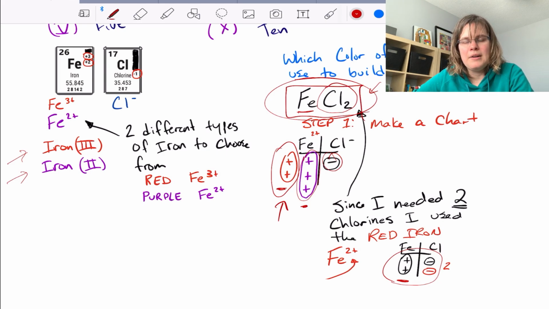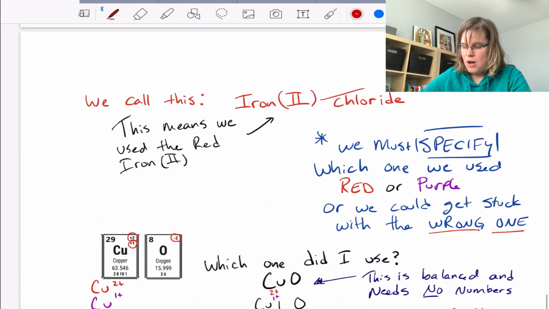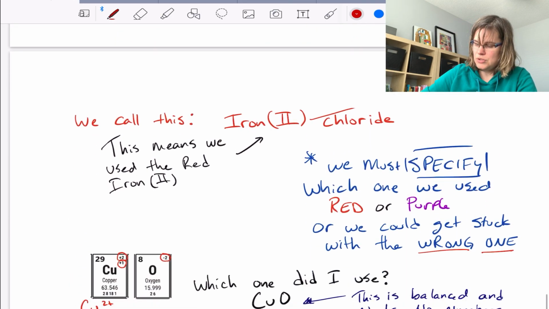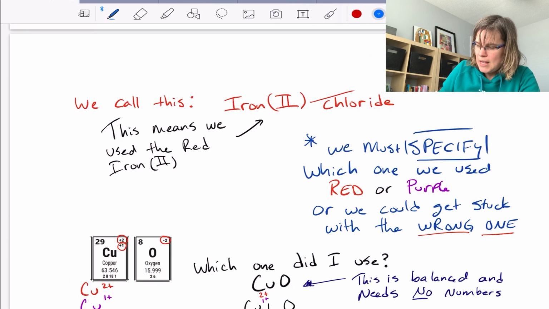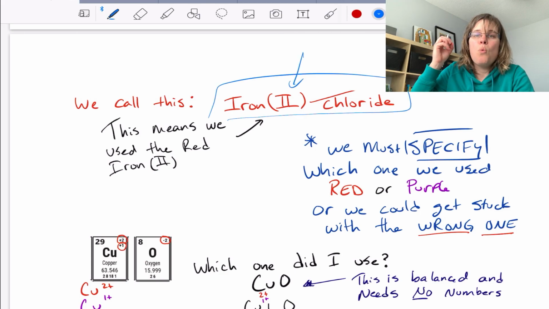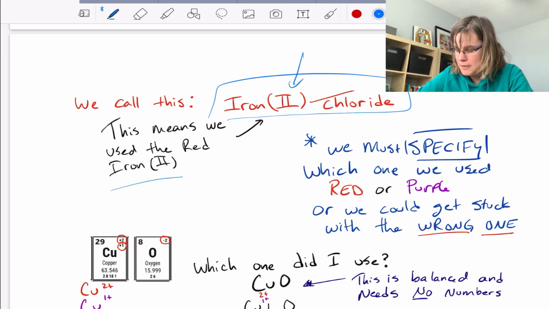The purple iron was 3+, but the red iron was 2. And so to make FeCl2, to use 2 chlorines, we had to use iron 2. And so what we do is we call this iron 2 chloride. And so this 2 right here in Roman numerals specified which kind you used. Super important. This means we used iron 2, the red iron.